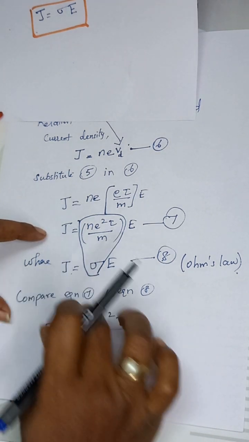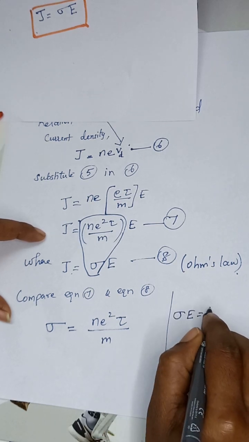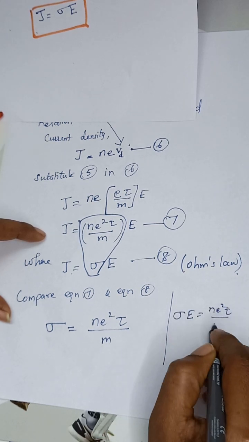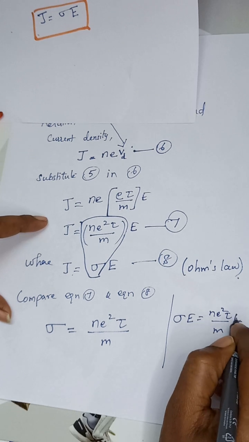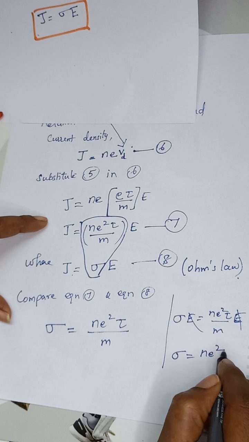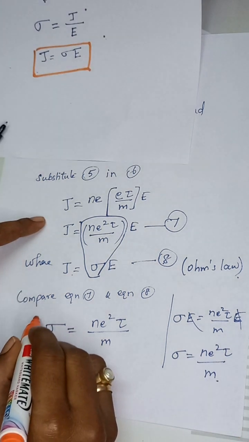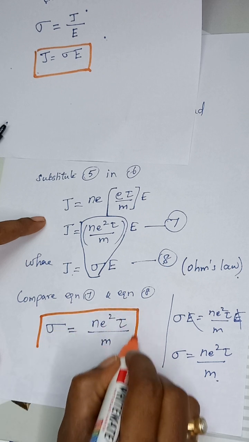Sigma E is equal to n e square tau by m into E, E getting cancelled, sigma is equal to n e square tau by m. This is the equation of electrical conductivity.